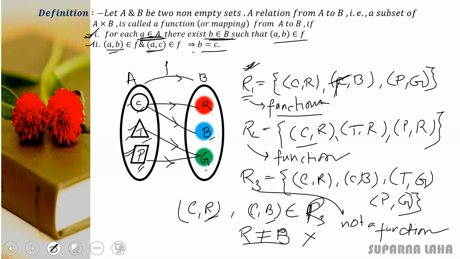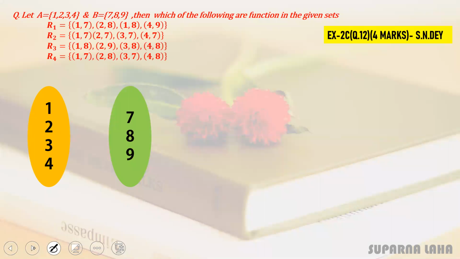So let's check some examples. Here is the first example: set A is given as 1, 2, 3, 4 and B is given as 7, 8, 9. Which of the following are functions in the given sets? Four relations are given. You need to find which one is a function. So let's talk about R1.